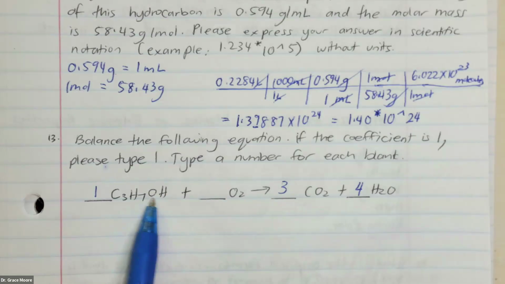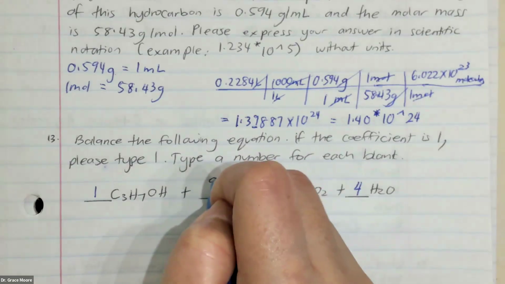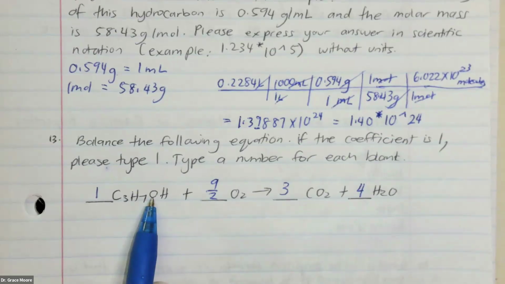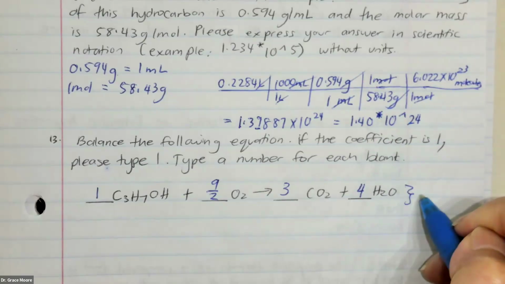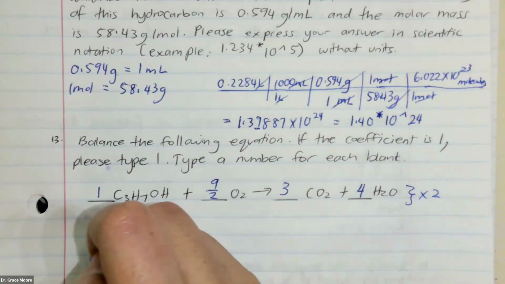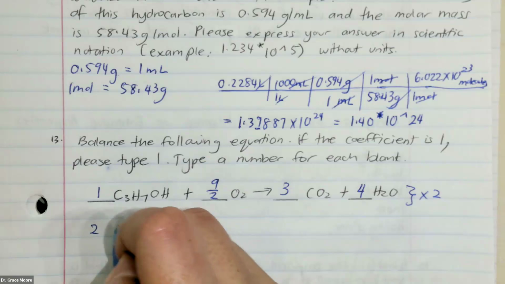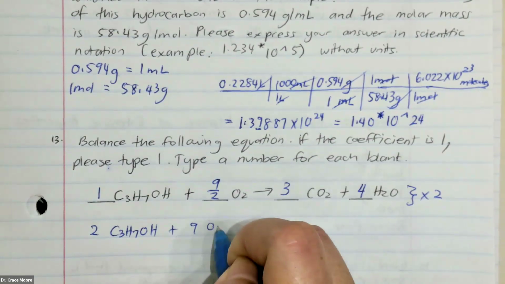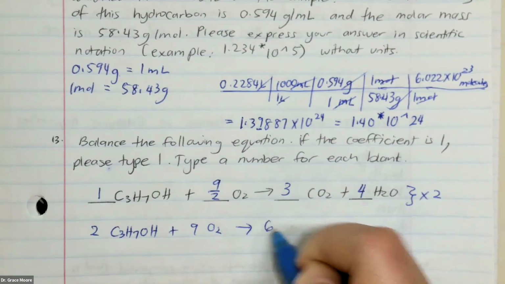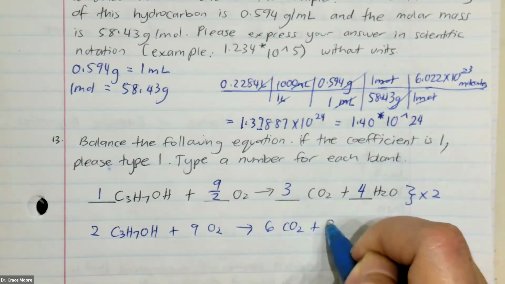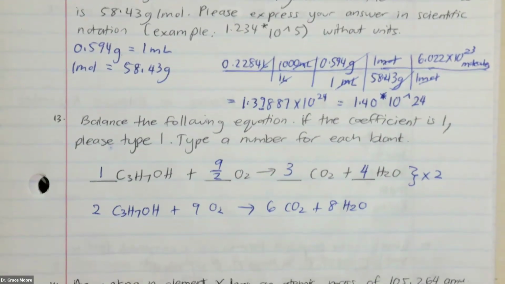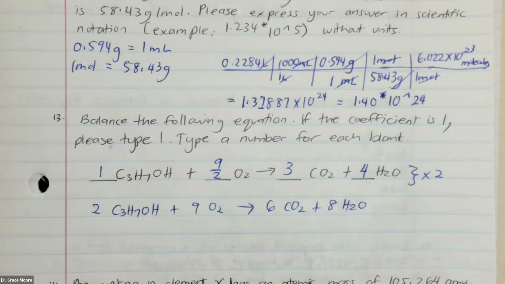So if I already have 1, I really need 9 over 2 times O2 to get 9 plus 1 to go to 10. Now, because I have a half there, let's double everything. My real balanced equation is 2 C3H7OH plus 9 O2 goes to 6 CO2 plus 8 H2O. Always keep the simplest one, the element, for last.